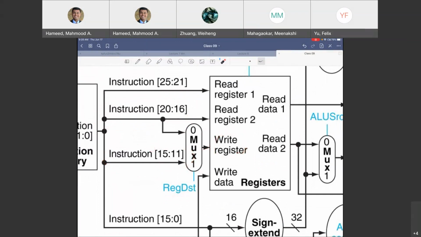Sometimes it is RD, this is your RD, and this is your RT, right? Sometimes it is RT and sometimes it is RD. Now, quick question. What is the value of register destination for add? You want to execute an add instruction. What is the value of register destination?